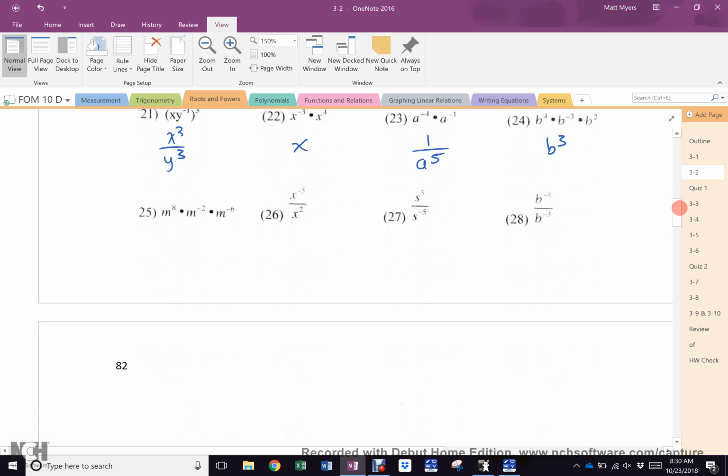The last four, Moret. M. No. 1. Because it is m to the 0. This one is hard to see. That is x to the negative 5 over x squared. Who are we at?